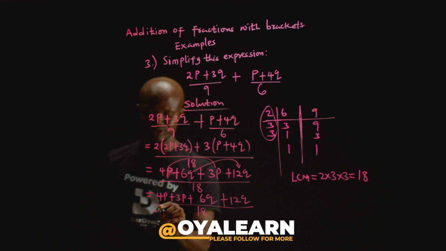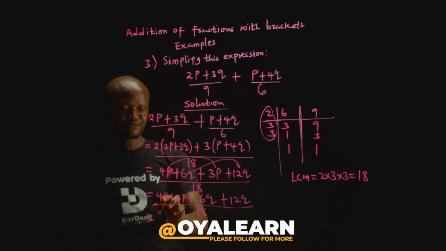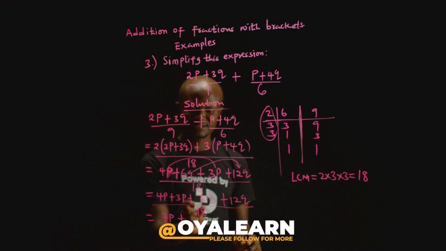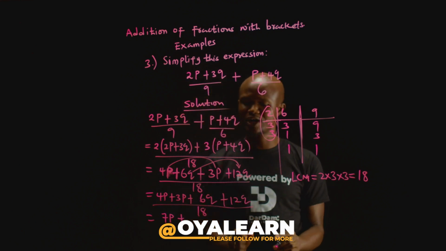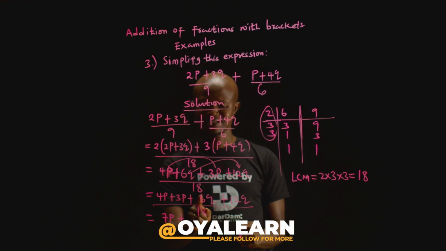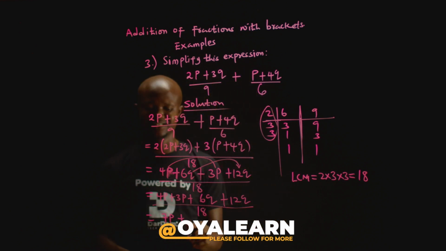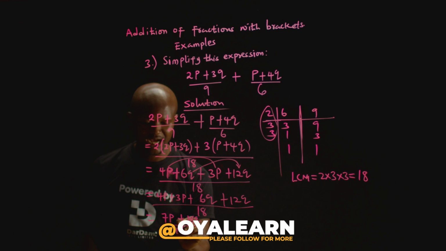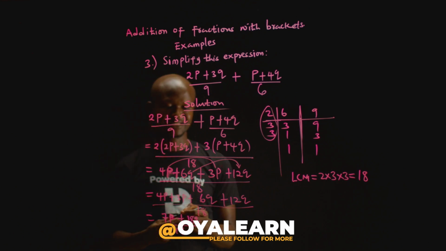Don't forget. So this will be equal to 4p plus 3p, which gives us 7p, then plus 6q plus 12q, which gives us 18q, divided by 18.